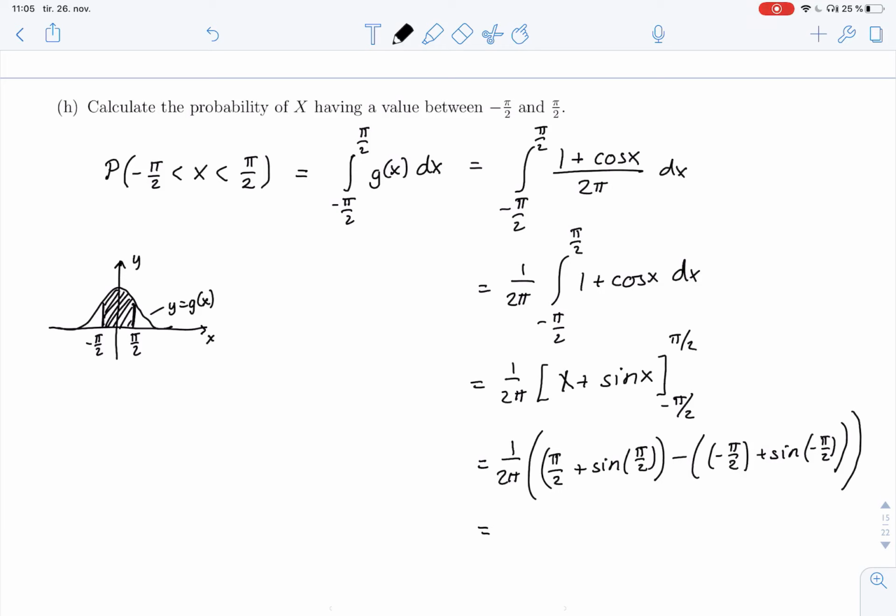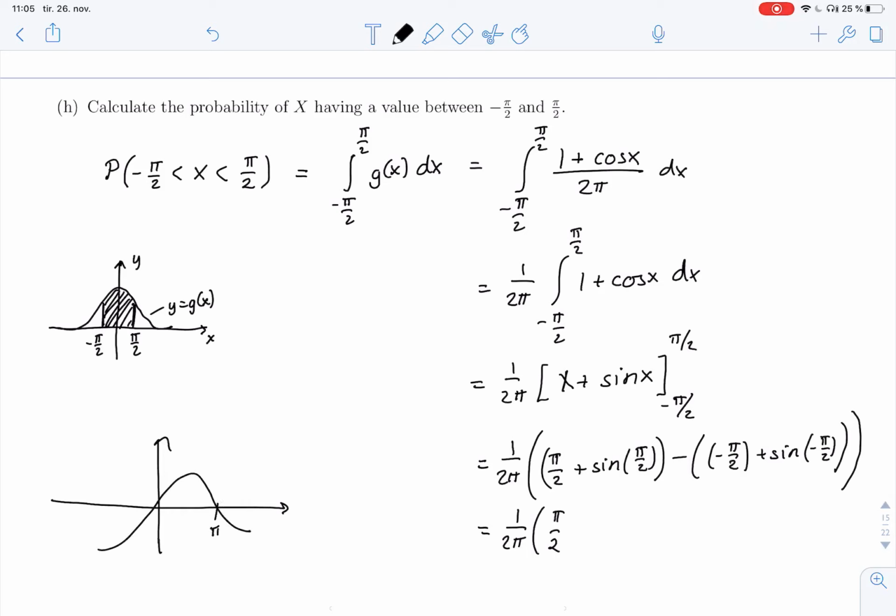So now we have 1 over 2 pi. We have pi half, and then we have sine of minus pi half. If you look at the graph, the sine function goes something like this.